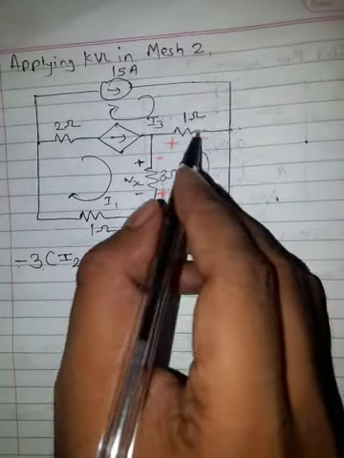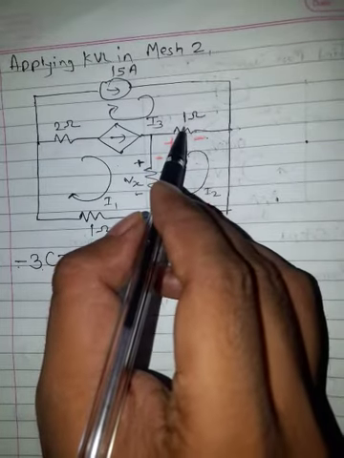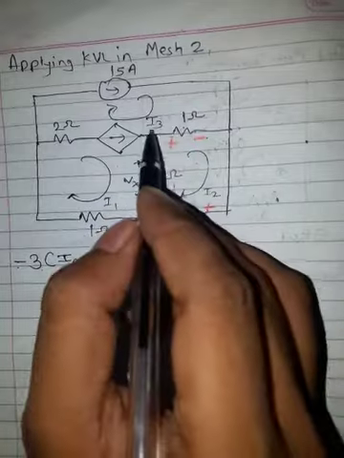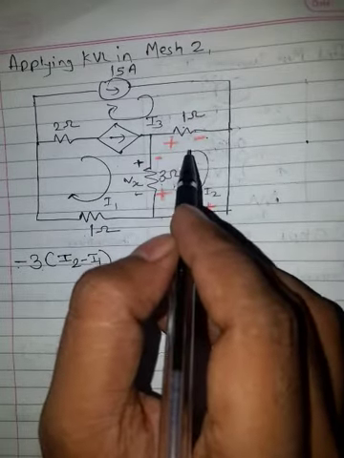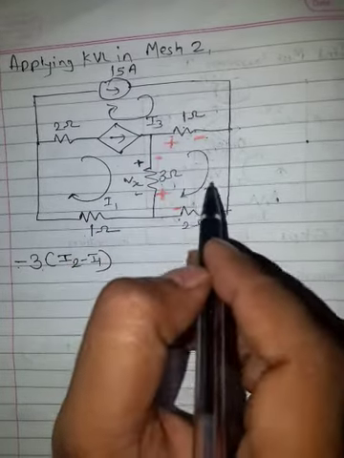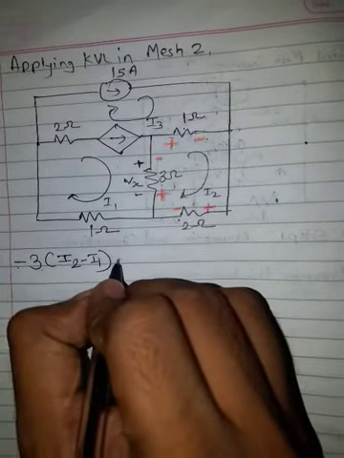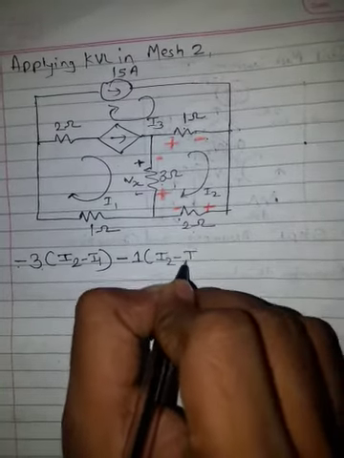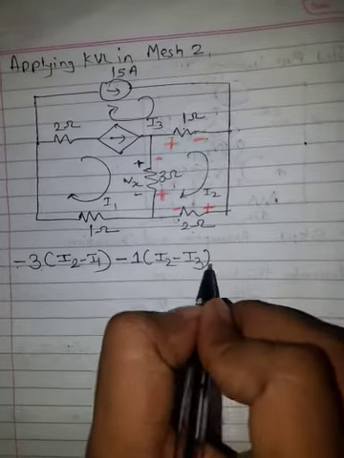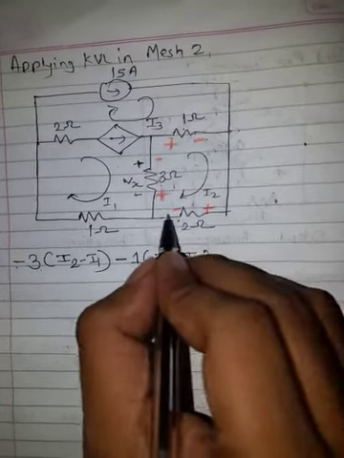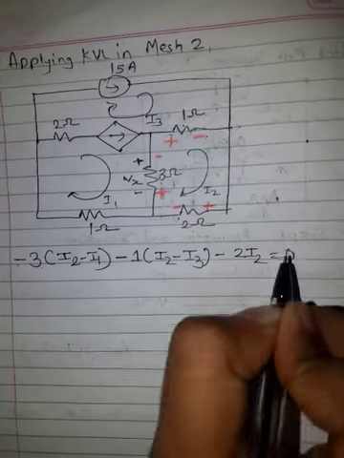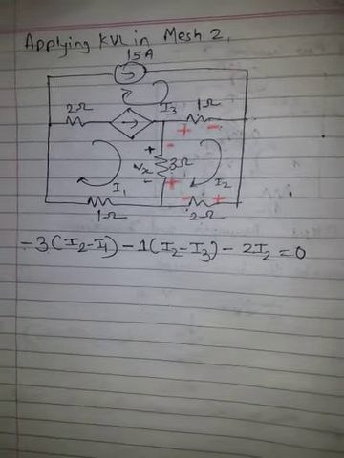Then positive to negative, since through this 1 ohm resistor two currents are flowing, that is I2 and I3, but we are considering these polarities because of I2, we can write minus 1 into I2 minus I3, and then positive to negative minus 2 into I2, which is equal to 0.